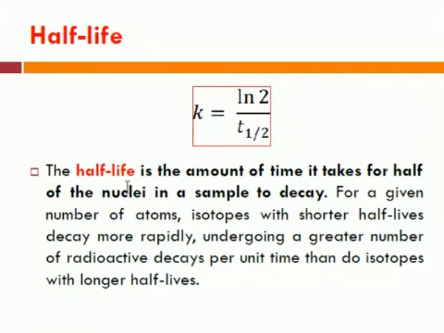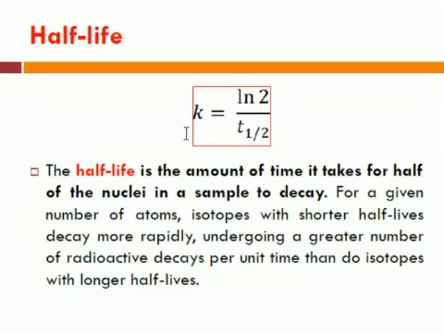The half-life is the amount of time it takes for half of the nuclei in a sample to decay. For a given number of atoms, isotopes with shorter half-lives decay more rapidly, undergoing a greater number of radioactive decays per unit time than do isotopes with longer half-lives.